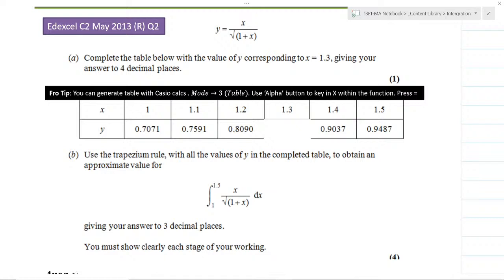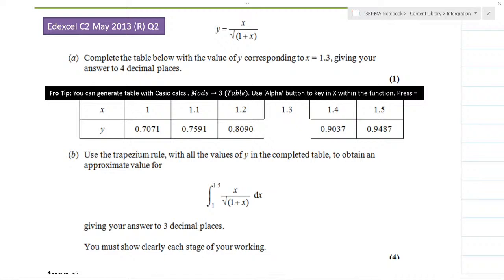Now they've told you here that if you wanted to, you can actually generate them using the FX button on your calculator. If you click on Mode, Table, use the alpha button with the X functions, you can press equals and then type in f of x, and it gives you all the values of this in a table.